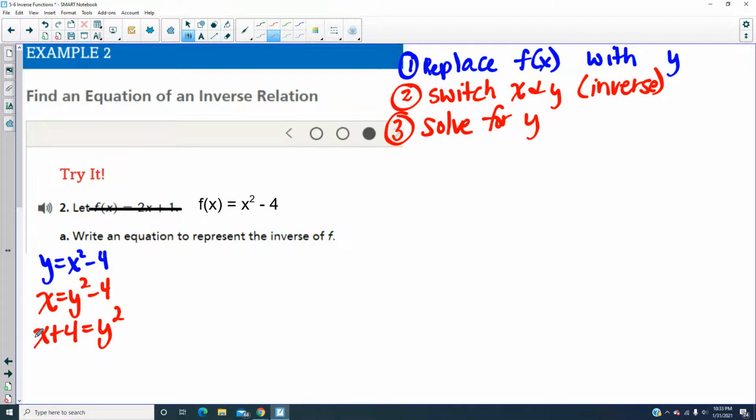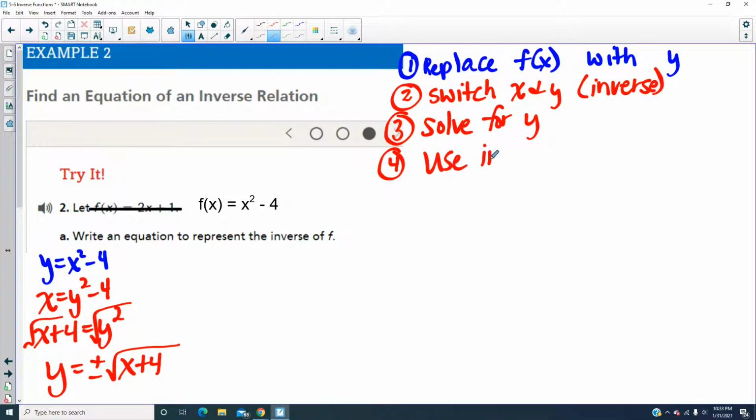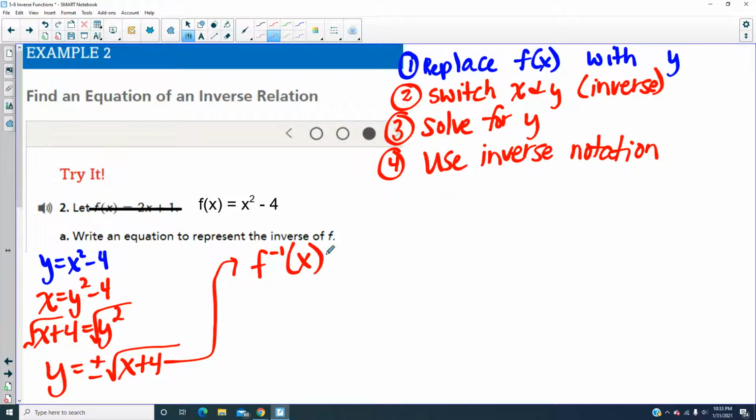And to solve for y, take the square root of both sides. Y equals, when I'm solving an equation, I need a plus or minus square root x plus 4. And then number 4, use inverse notation. So if my original was f, then my inverse is f inverse of x equals plus or minus square root x plus 4.